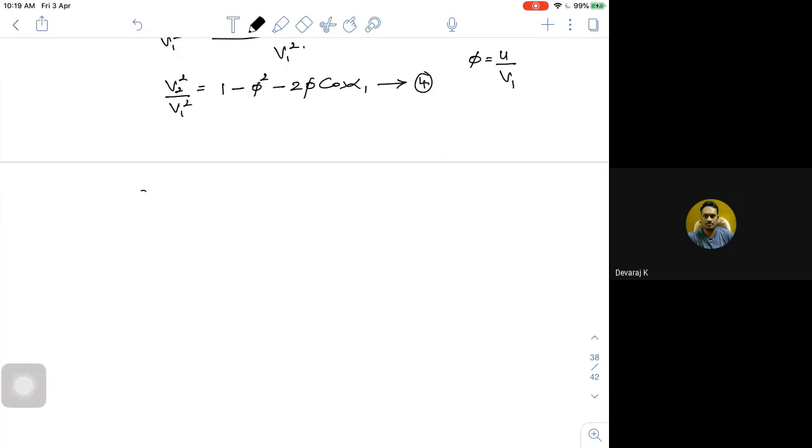So epsilon is equal to 1 minus of 1 minus phi square, minus of minus will become plus 2 phi cos alpha 1.